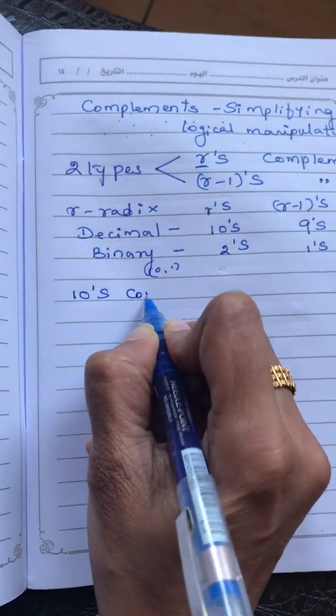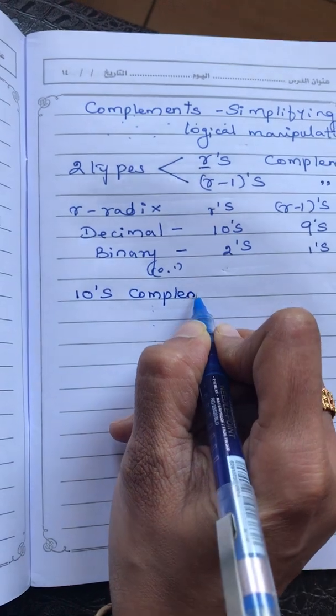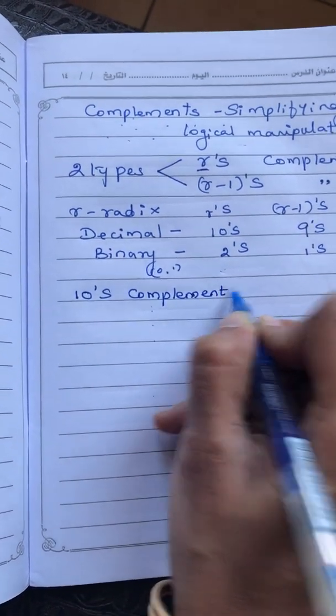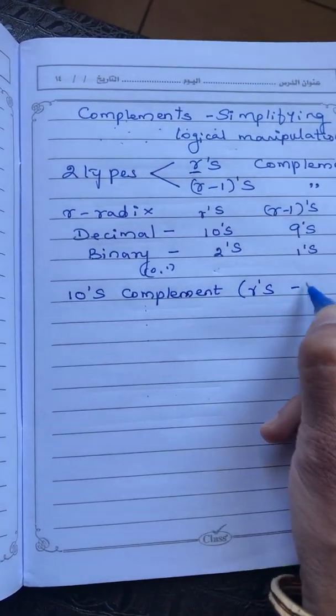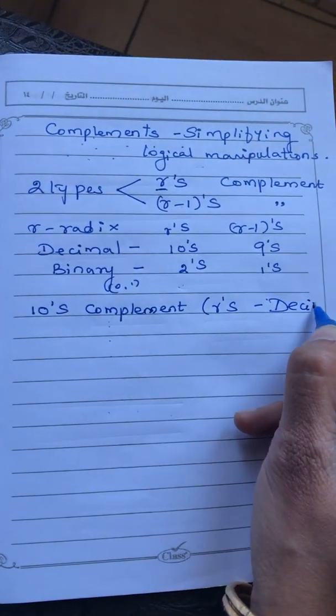First we will look into what is 10's complement, that is r's complement for decimal number system.